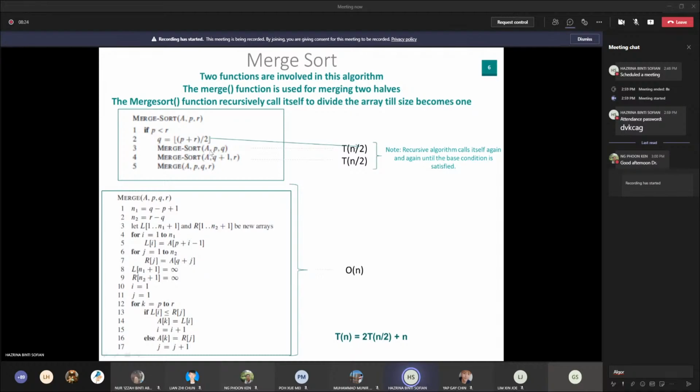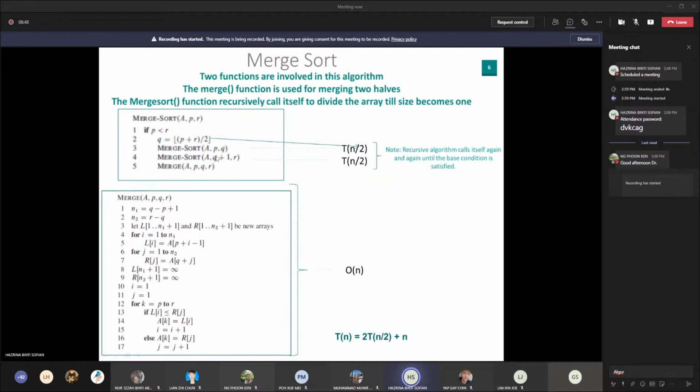Okay, so line 3 is the left side sub-problem, where it is from P to Q. And line 4 is the right side sub-problem.